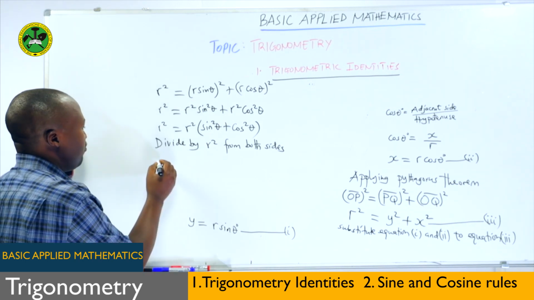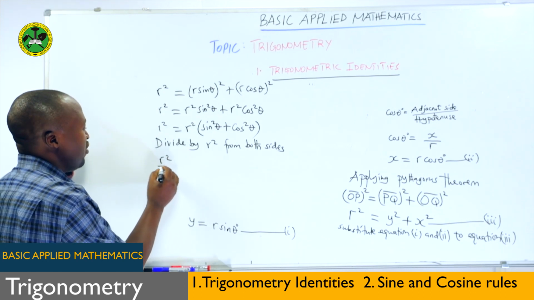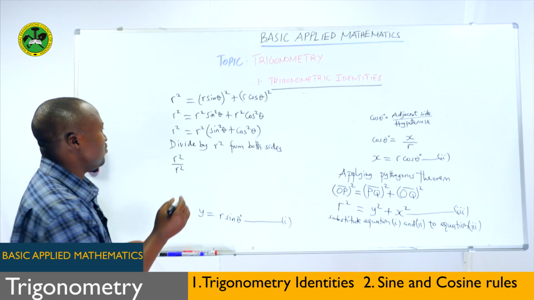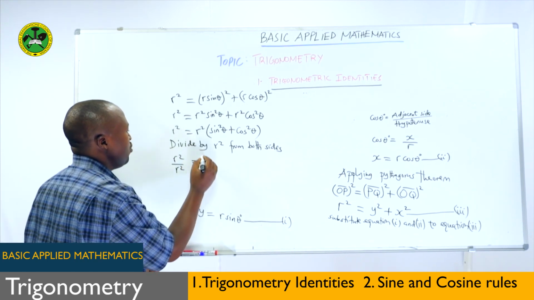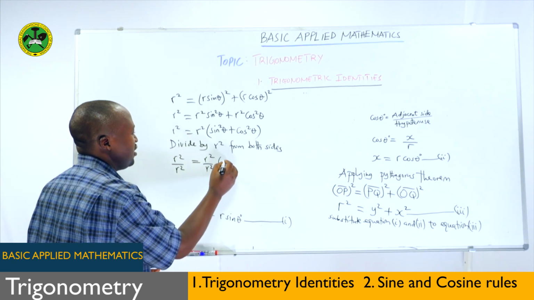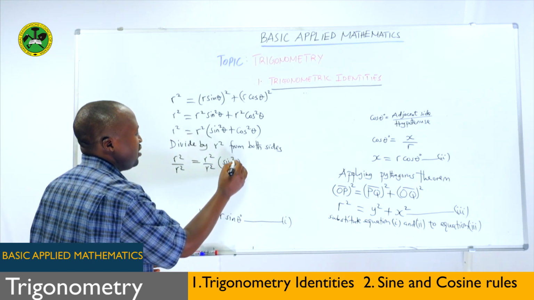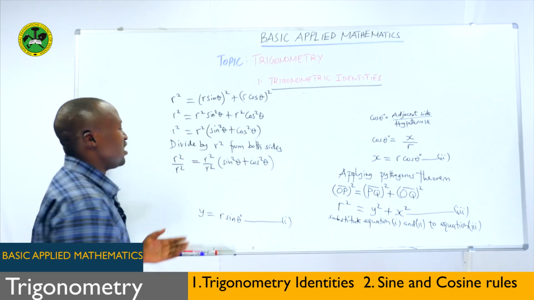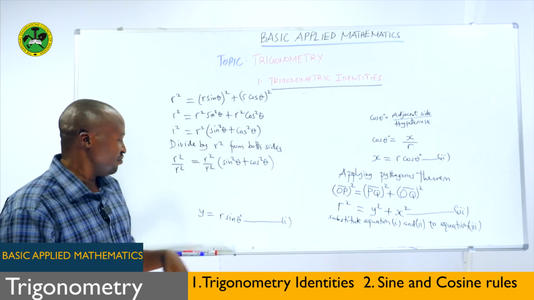So we are going to have r squared over r squared on the left hand side, which is equal to r squared over r squared times sine squared theta plus cos squared theta on the right hand side.